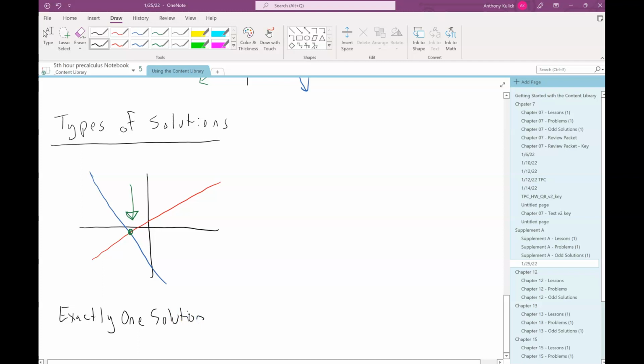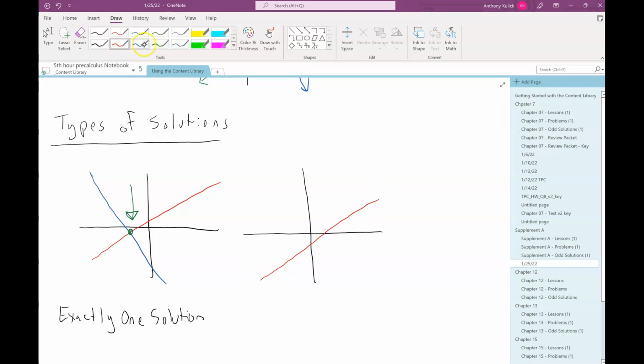Is that the only possibility, though? Well, if I have two straight lines, what else could happen? You could have a situation like this, where the two lines never cross. What would that imply? If there's no intersections, we'd say there is no solution. Very good.